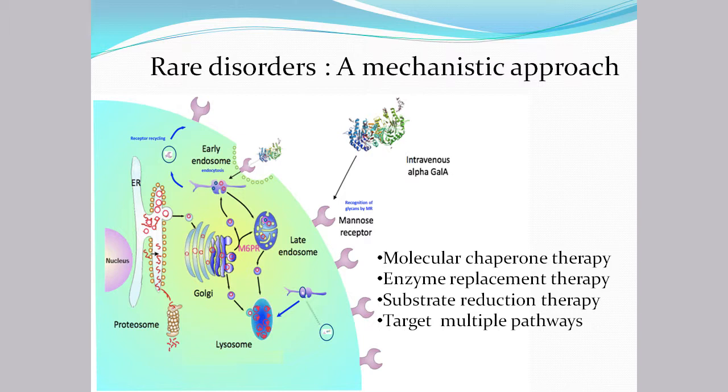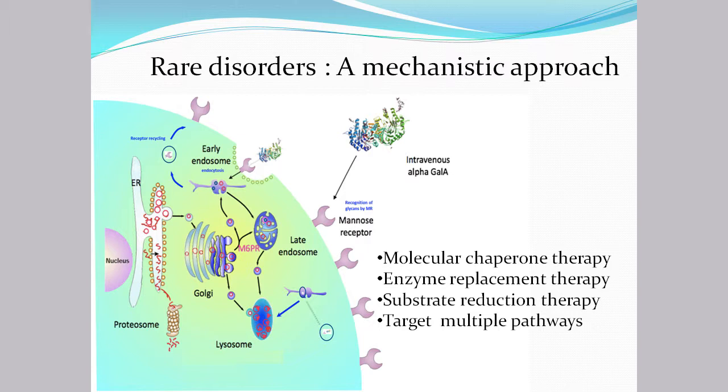Dr. Brady presented in a great way a mechanistic approach for how we can approach lysosomal disease to develop a therapy. From this model, we moved from ERT to molecular chaperone therapy. Basically, the proteins are misfolded in the cell, which leads to a functional deficiency of the protein.